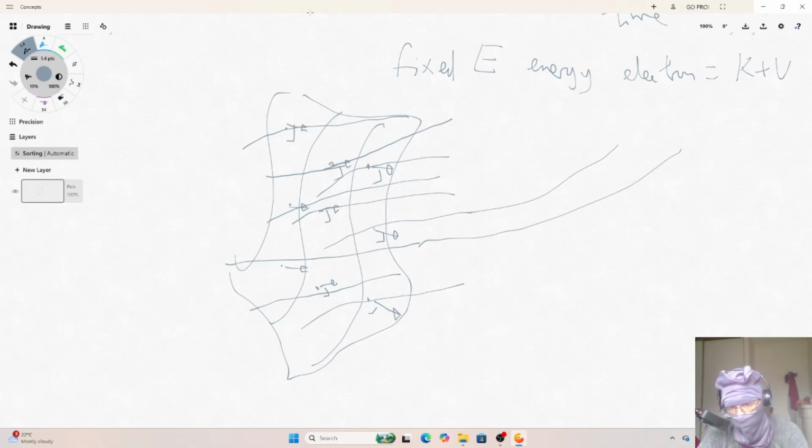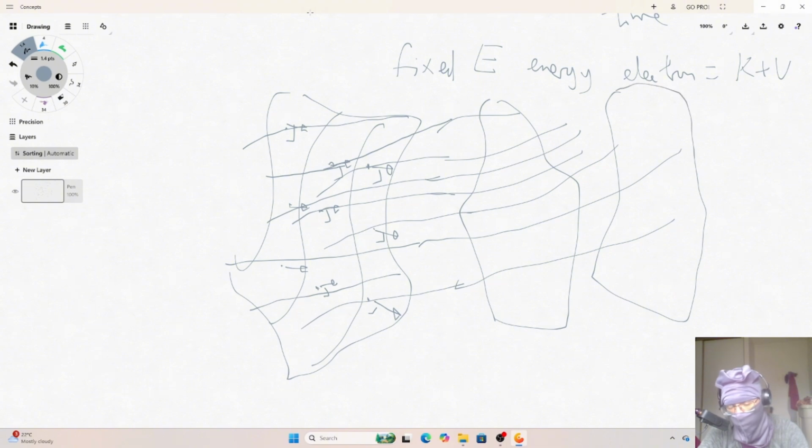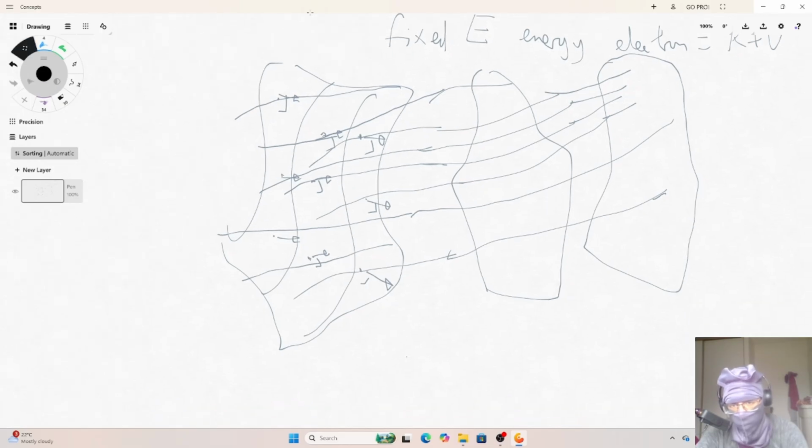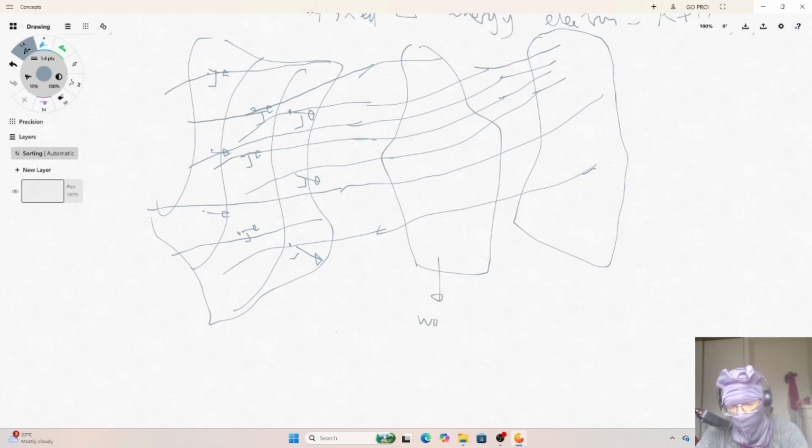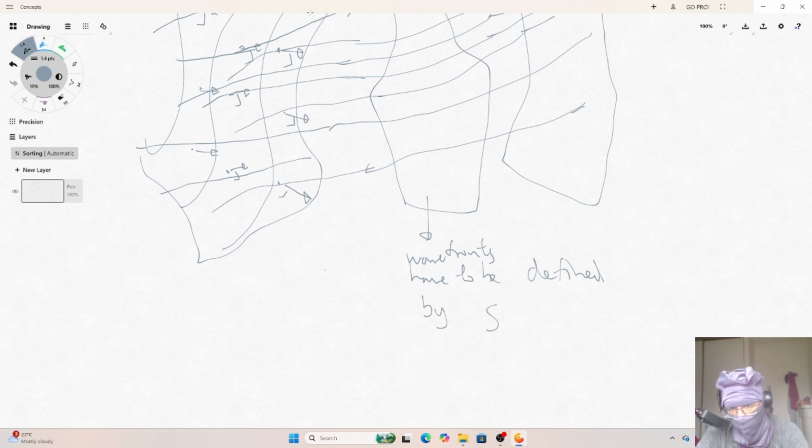Now, if you extend those paths, and then you construct further surfaces that are perpendicular to those paths, you will find that those wavefronts have to be defined by constants of the generalized action function for fixed time.